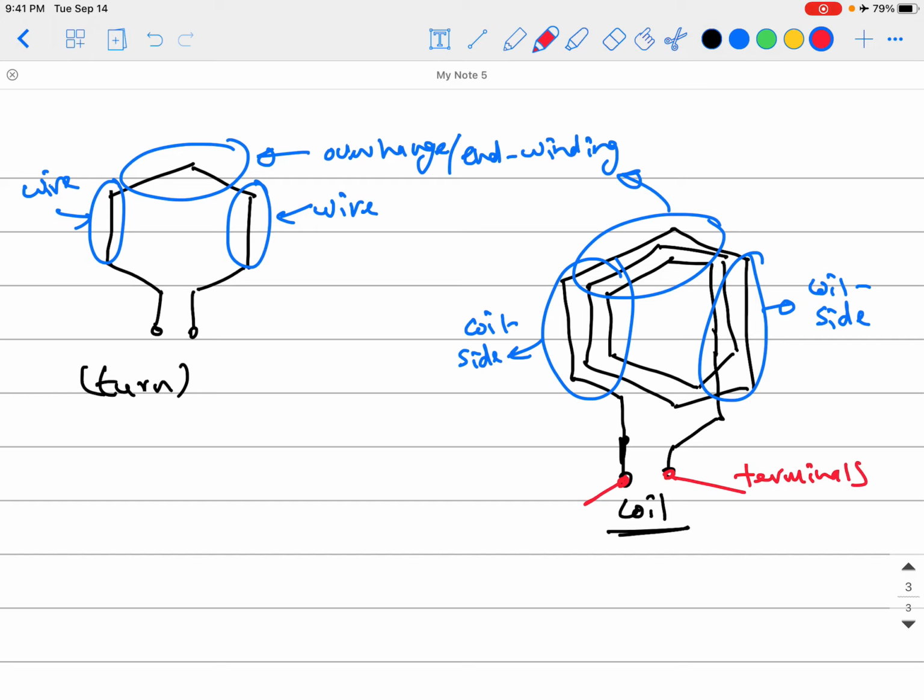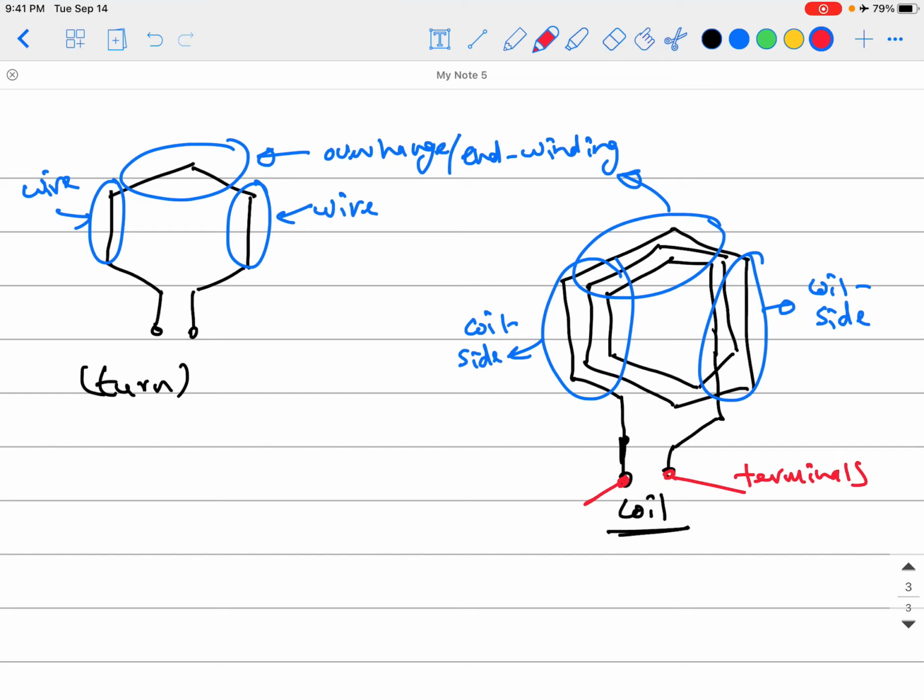So that's what we'll be doing all the time. So I'll be talking about a turn that consists of two wires. We're talking about a coil that has two coil sides. Each one of them will have some amount of wires in it. Okay, so that's just the basic idea.